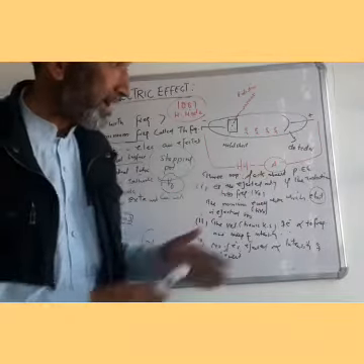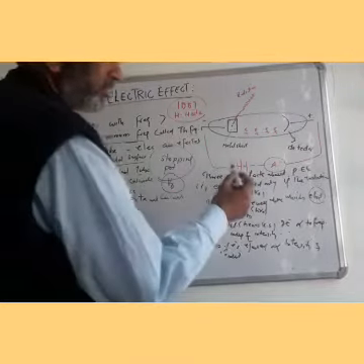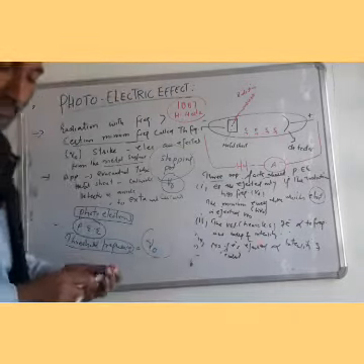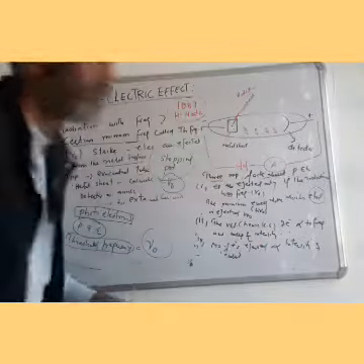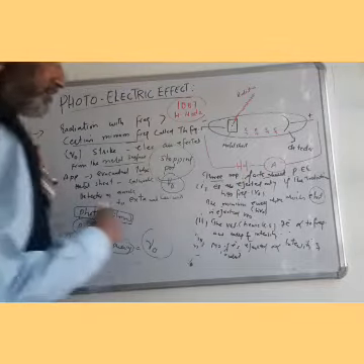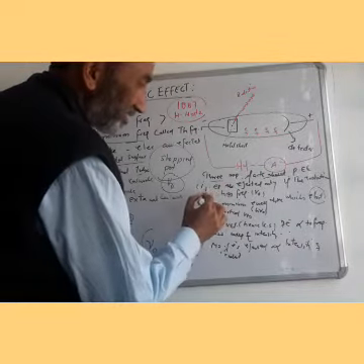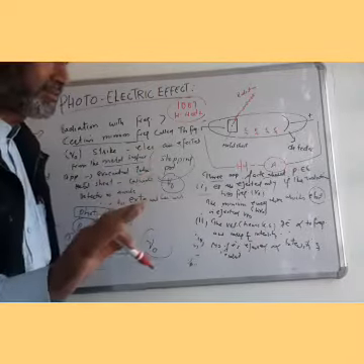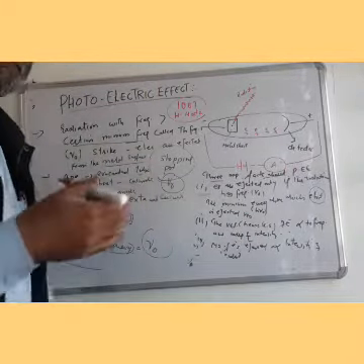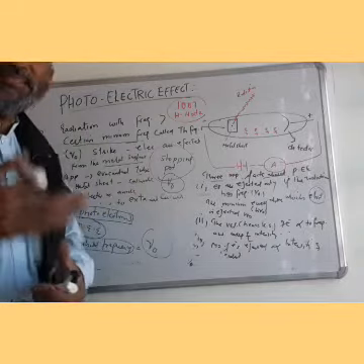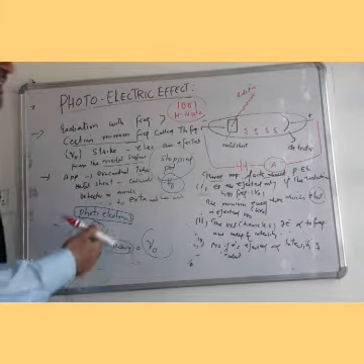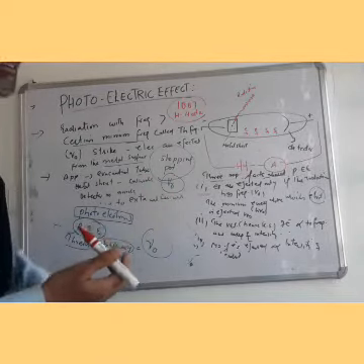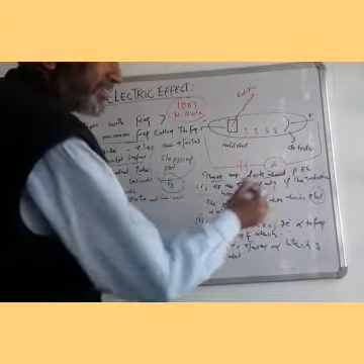Three important factors were observed about this photoelectric effect. What is the first fact? The electrons are ejected only and only if the radiation striking the metal surface has a frequency greater than the threshold frequency.